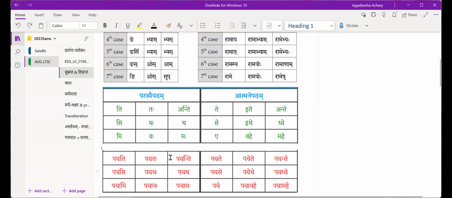The verbs are generally classified into two types: parasmaipada and atmanepada. Their endings will be a little different.